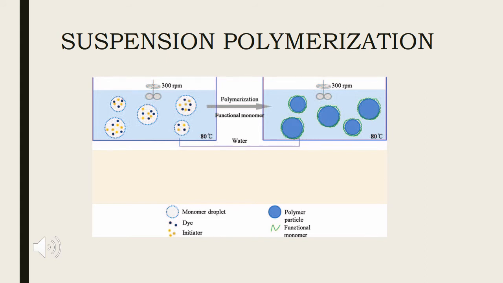Particle size depends on the quantity of suspension agents and speed of agitation. After polymerization, unreacted monomer is distilled and the polymer is washed and dried.